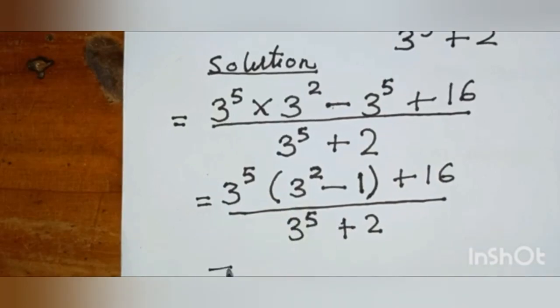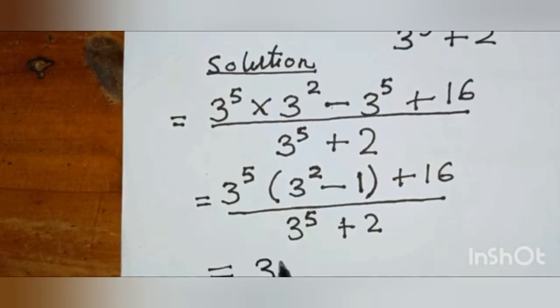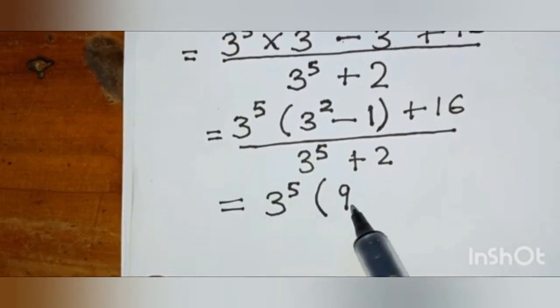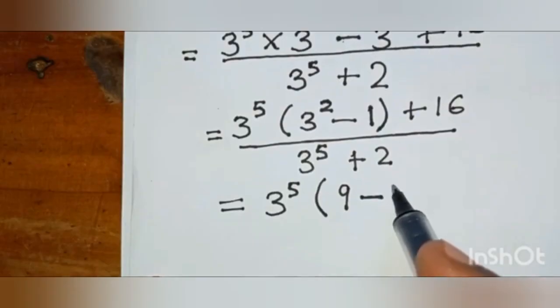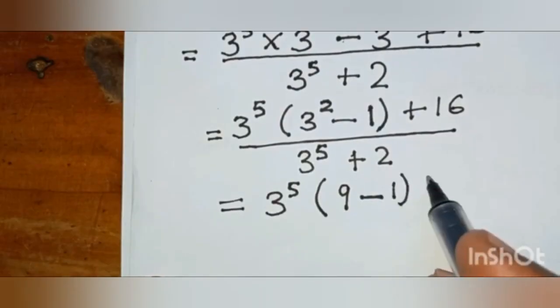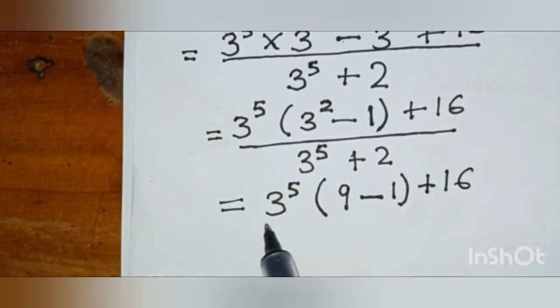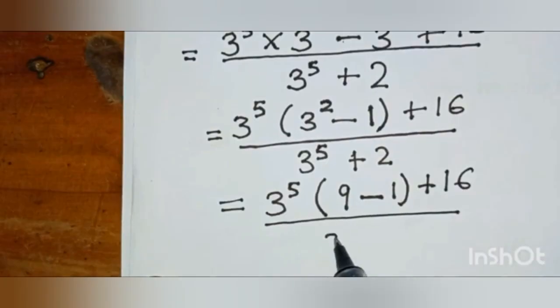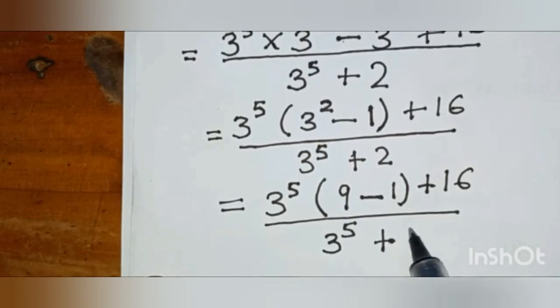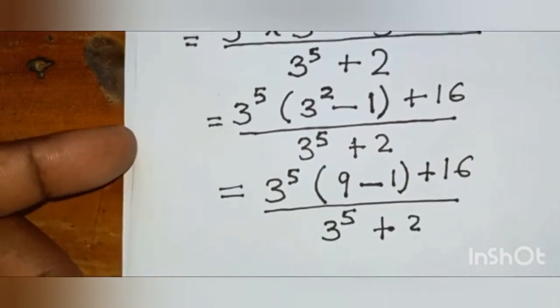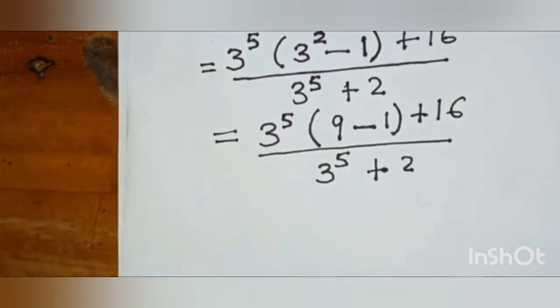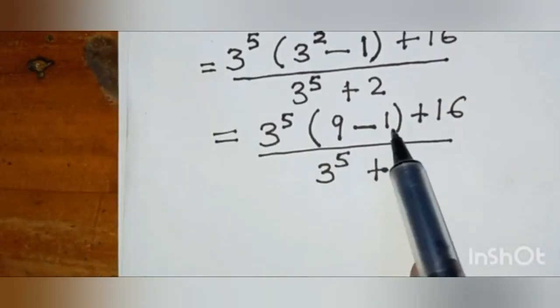So we have 3 power 5 in the bracket, 9 minus 1, plus 16 over 3 power 5 plus 2. Nine minus 1, the answer is 8.